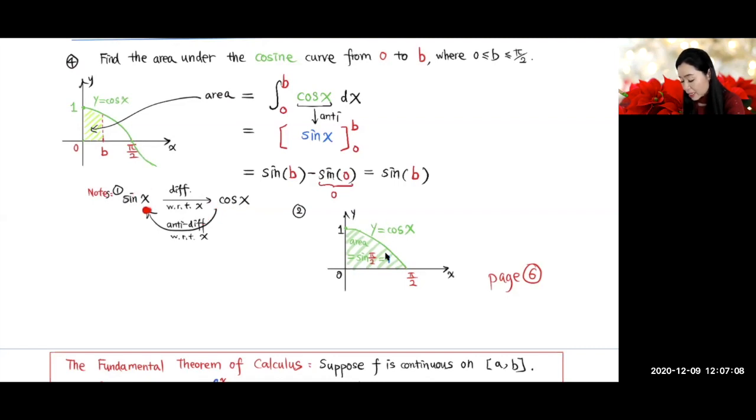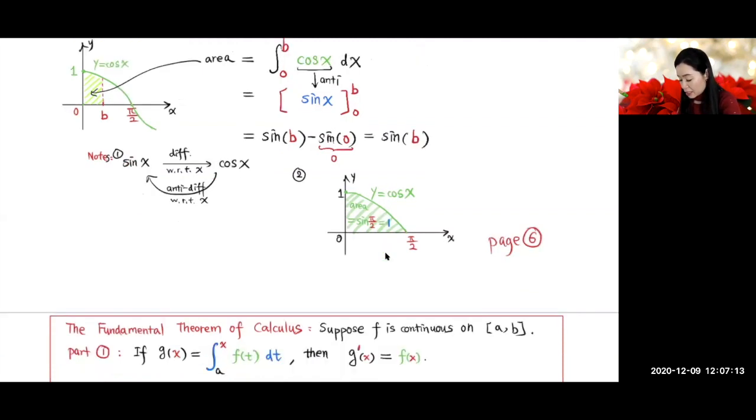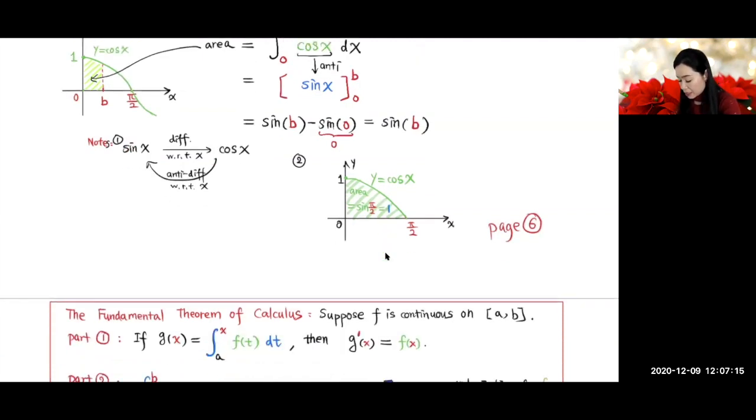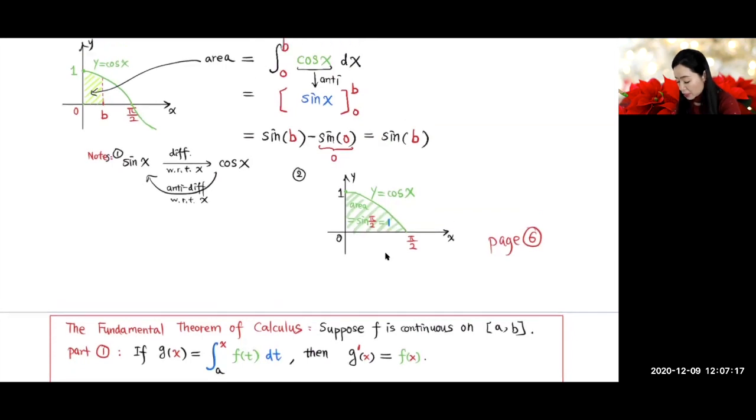Another interesting observation is when b is pi over 2, the area under the curve is sine of pi over 2, which is 1. So the area under the cosine curve from 0 to pi over 2 is equal to 1. Very nice number, 1.